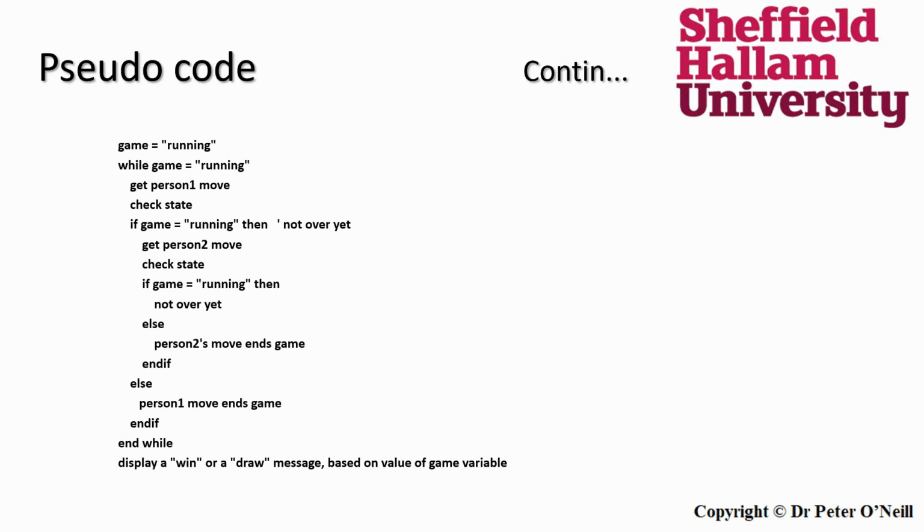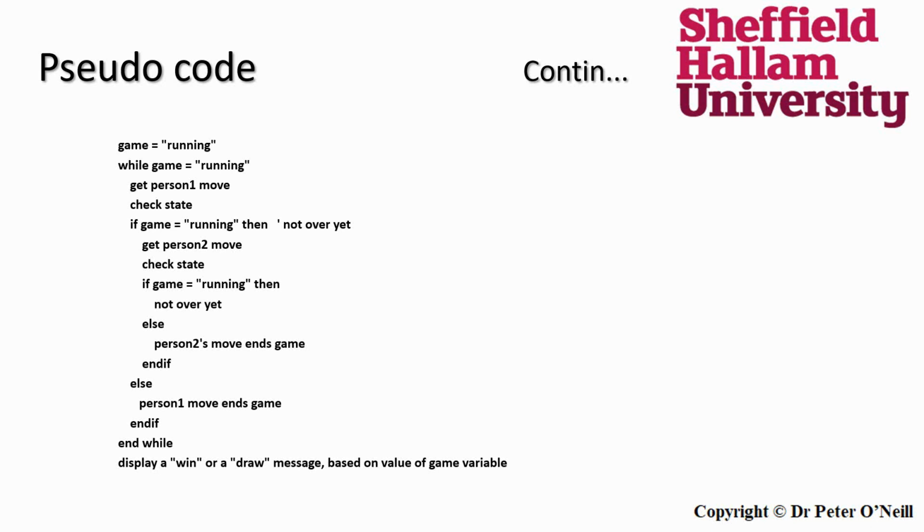So, game running is now a flag, basically probably a boolean, and it says while game running. So while game is running, it's true, good. Get person 1 move, check status. Now check status might be a method which returns the value of game, to see if game's running.